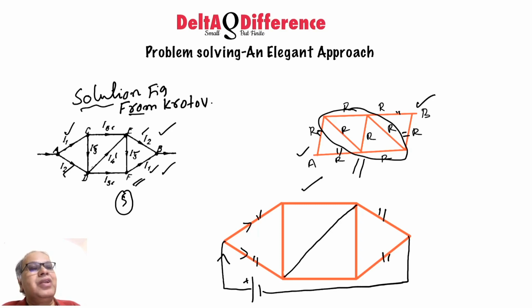Like if I did not have this at all, I told you it was a perfect symmetry, because exactly from that side and this side everything looks similar. In that case, I could have told current divides equally into these two branches, here and here. Now I cannot say they are dividing equally, but whatever division I do from this side will be valid if I just reverse my poles of the battery.